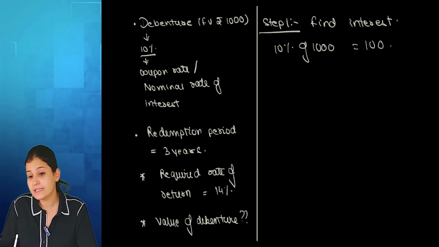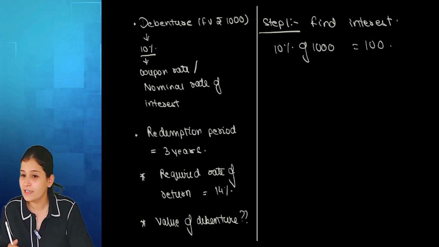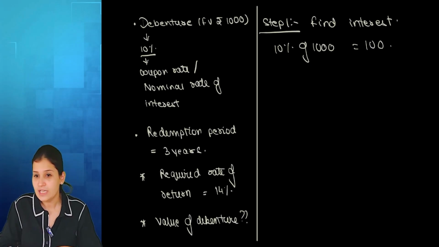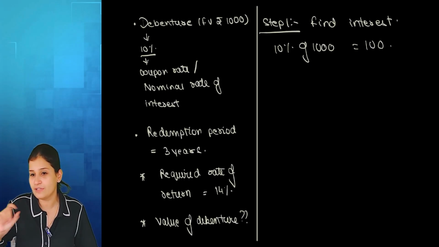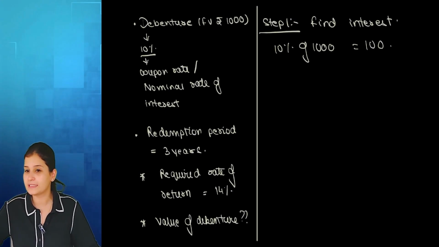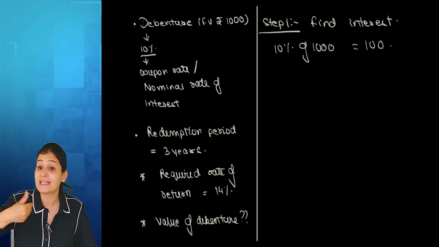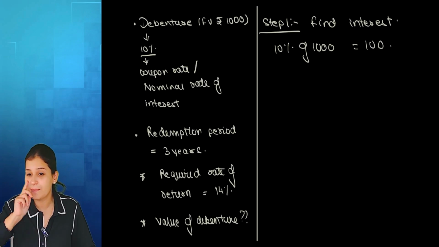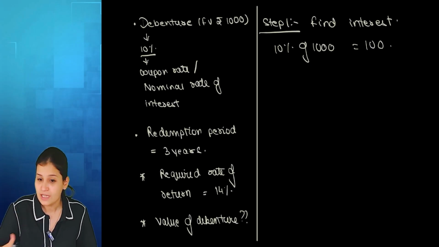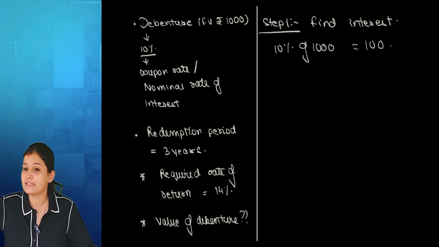Now this interest will be receivable again and again every year till the redemption period. The redemption period is how much? 3 years. So I'll get 100 rupees at the end of the first year, 100 rupees at the end of the second year, and 100 rupees at the end of the third year. So I'm getting 100 rupees again and again, and this becomes an annuity. Since I'm doing a comparison, I want to find the present value of those interest receivables.